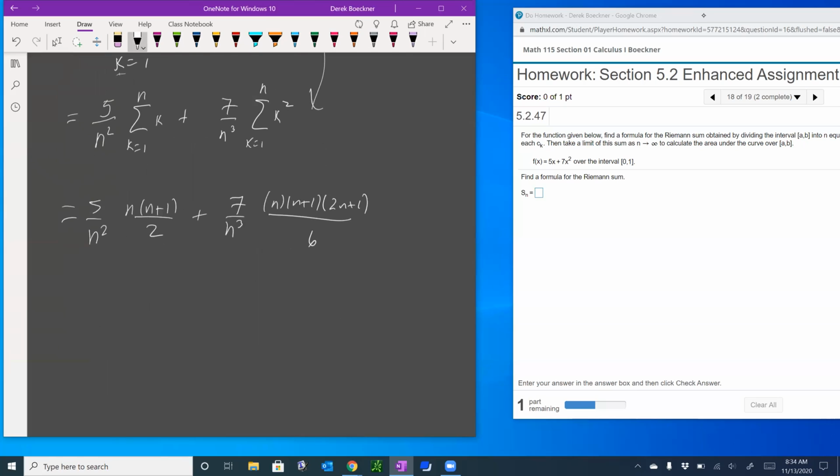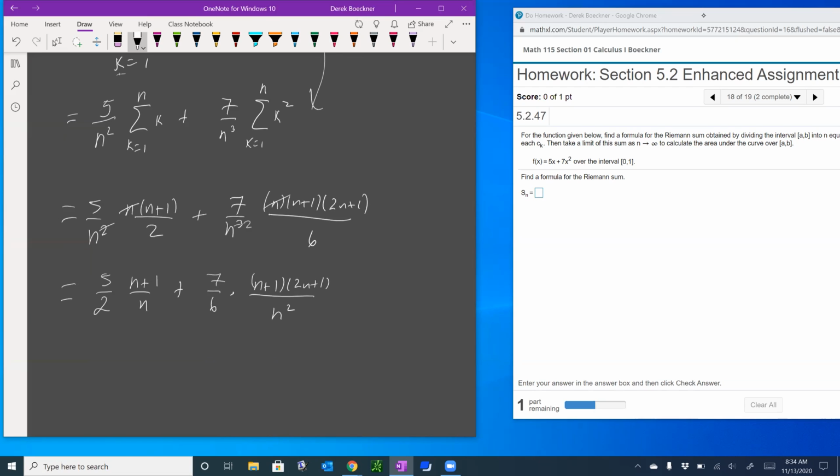Okay, now I can simplify a little bit. That n and that n cancel, that n and one of those cancels. So I get 5/2 times (n plus 1) over n plus 7/6 times (n plus 1)(2n plus 1) over n squared.